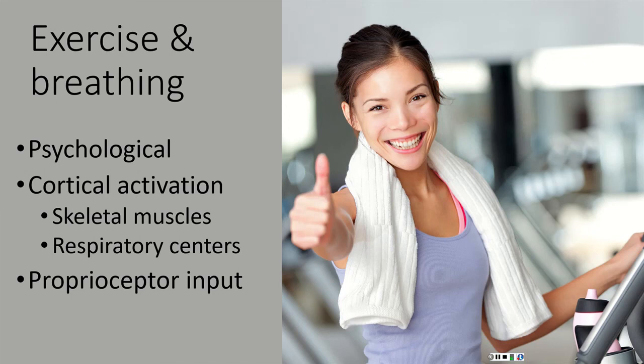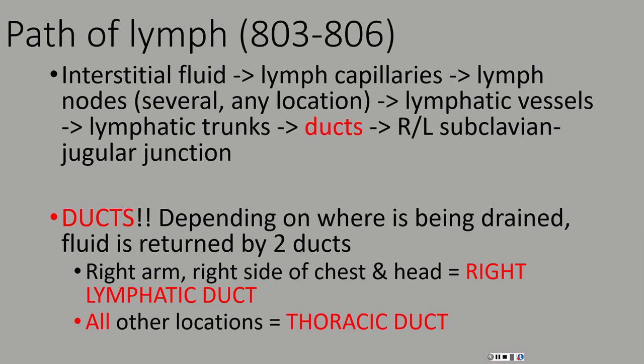All of those things happen before CO2 levels start to build up or pH starts to drop. They are all in anticipation of CO2 building up. We start breathing faster because we know that rise in CO2 is coming and your brain is wanting to get ahead of that rise.